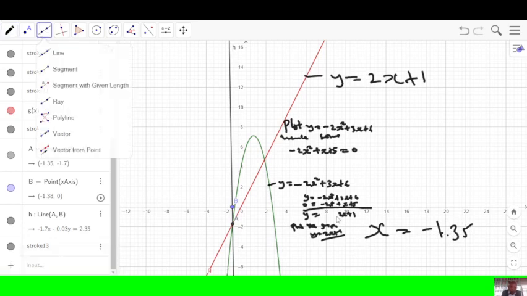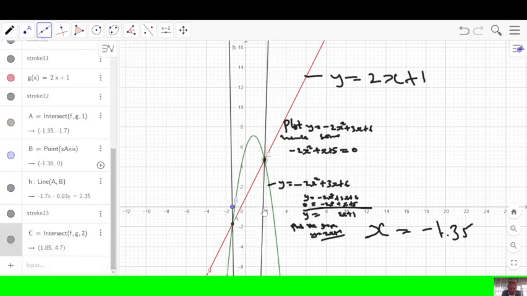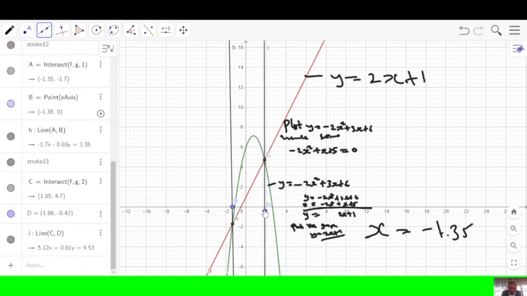We can also get the value of x at this other point. We need to get the value of x here, and we drop it perpendicularly again. I think it should be somewhere here. Yeah. So again, the value of x at that point D is 1.86.